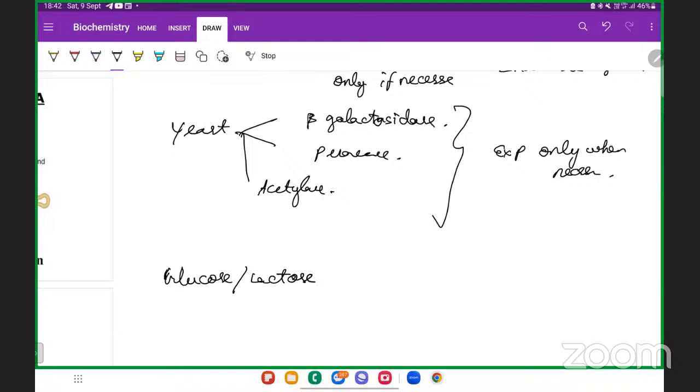When there is no glucose or lactose, is there any work for the yeast? No. So it will not express.